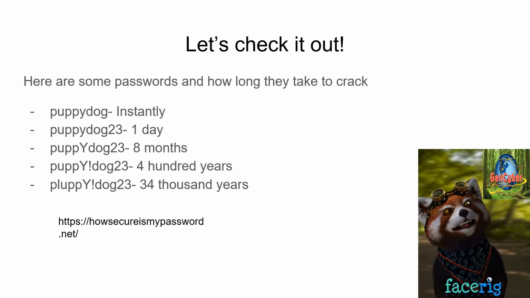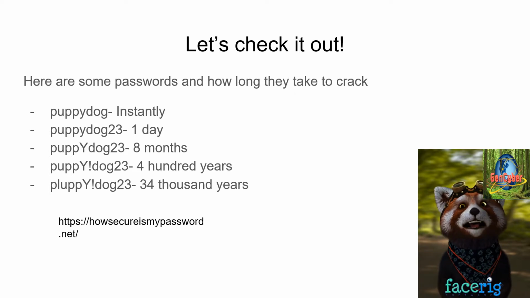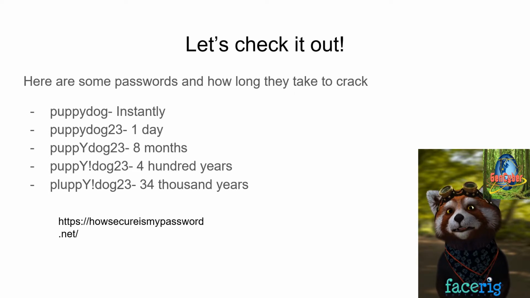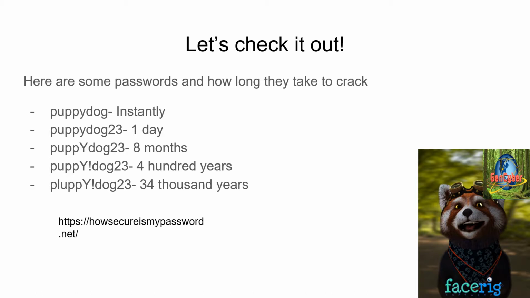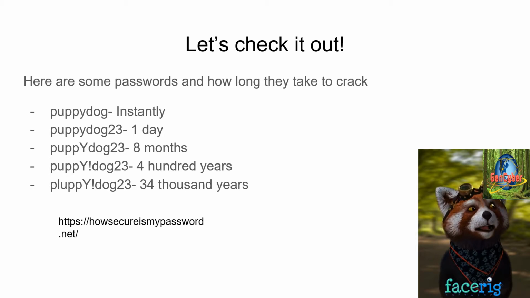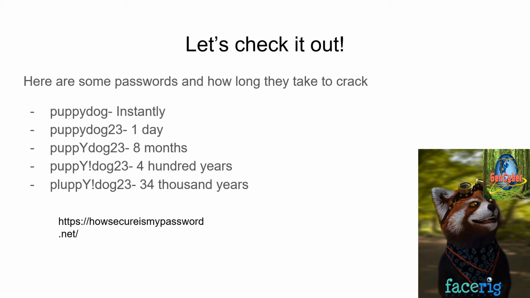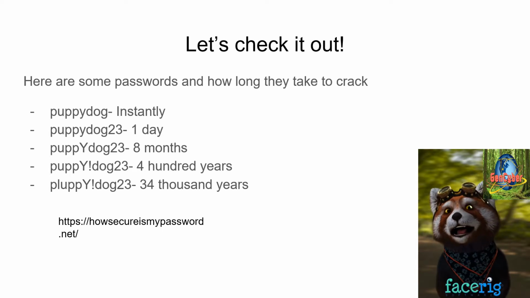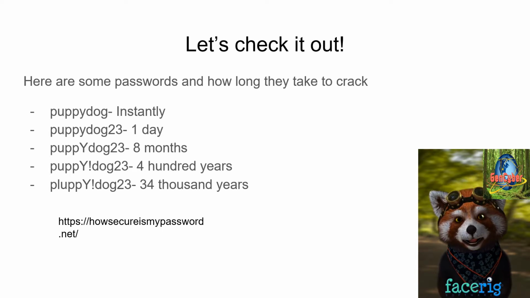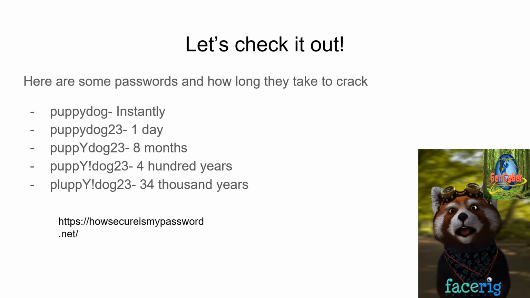So let's look at an example. Suppose we use an easy password like puppy dog. That could be cracked almost instantly. It's a dictionary word. Suppose we try puppy dog 23. That could take a day. And puppy dog 23 with a capital Y, that would take longer.